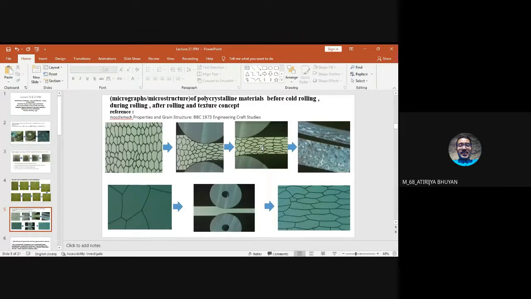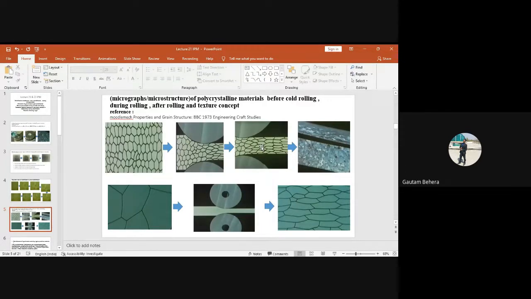So an individual grain or a single crystal is anisotropic. Anisotropic means if you move in different crystallographic directions, the same property will be different. Suppose I am talking about modulus of elasticity. If you measure the modulus of elasticity along the x-axis and then along the y-axis, it will change. The material is the same, but with a different crystallographic direction, the property is changing.